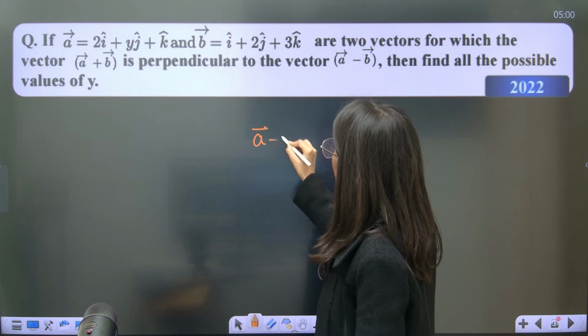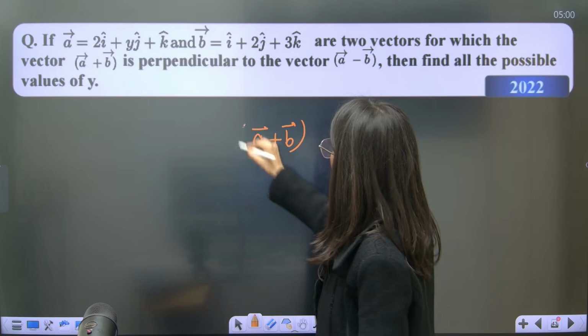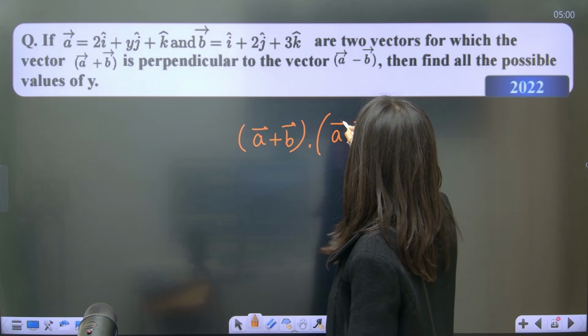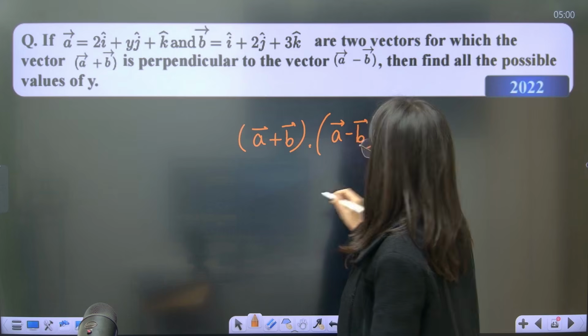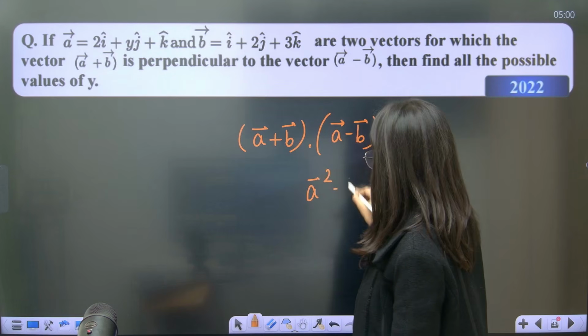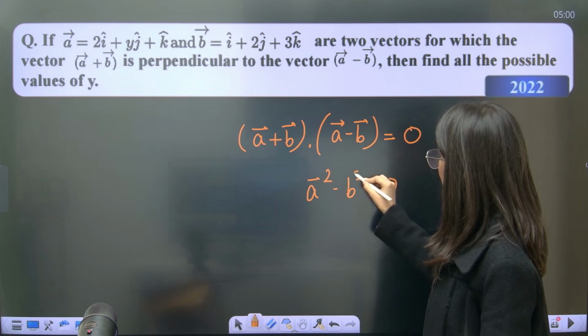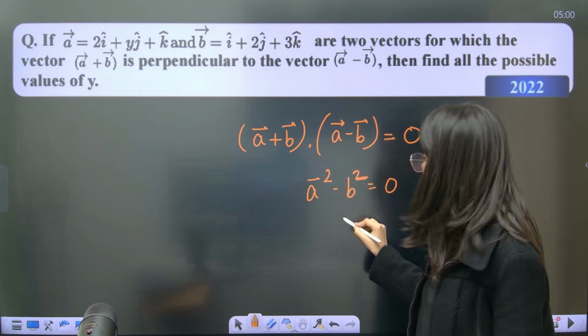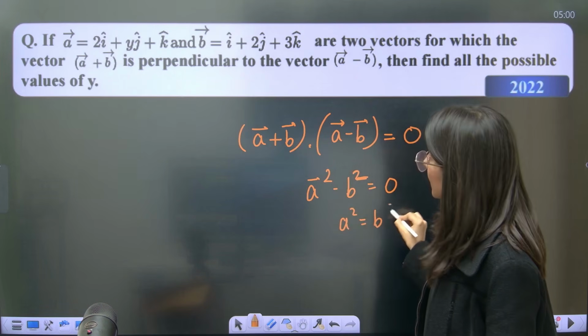So a plus b dot a minus b is equal to 0. This will give you magnitude of a square minus magnitude of b square is equal to 0. So this means a square is equal to b square.